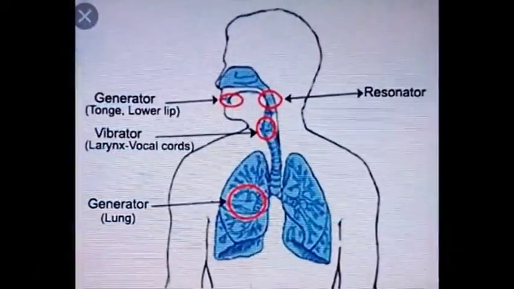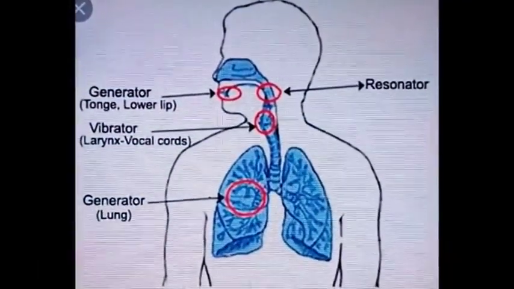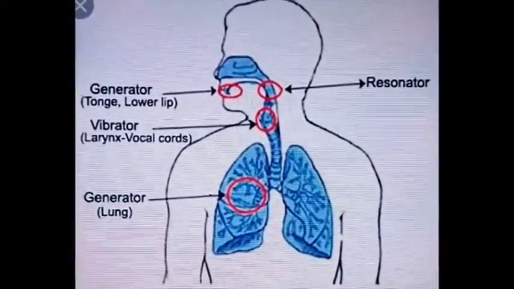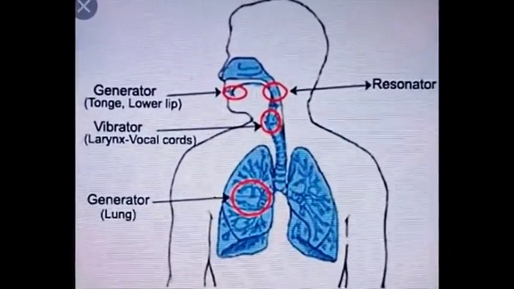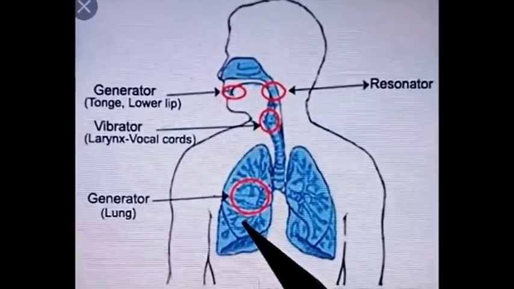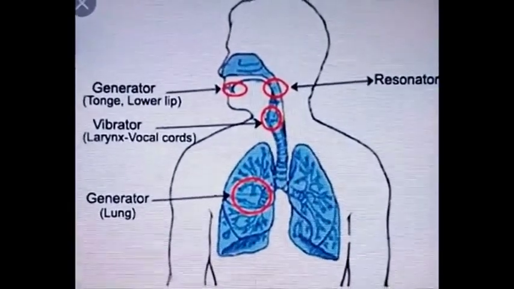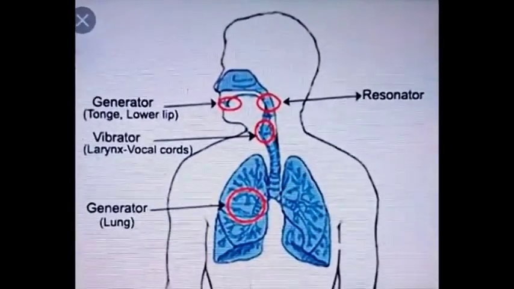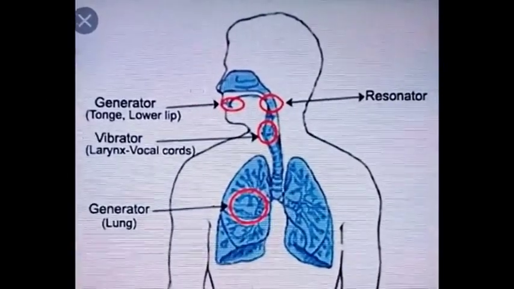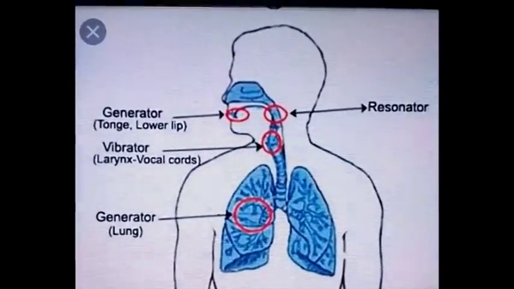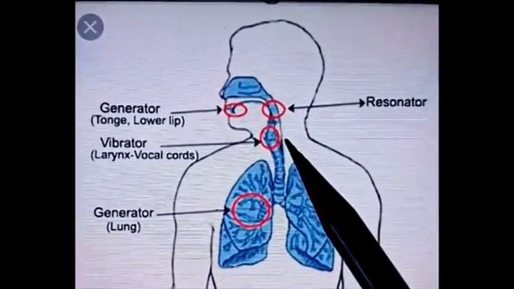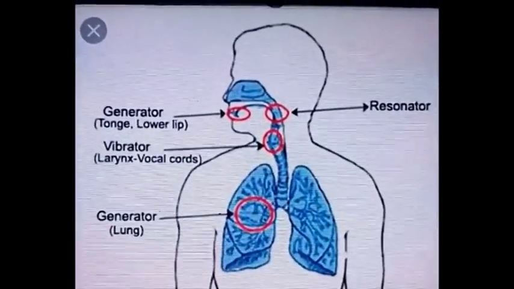Let us come to the next topic, mechanism of speech. Normally, speech is created with the help of pulmonary pressure provided by lungs. The pressure of air that is coming from lungs generates sound by phonation through the glottis in the larynx.